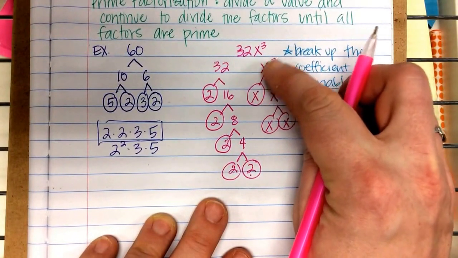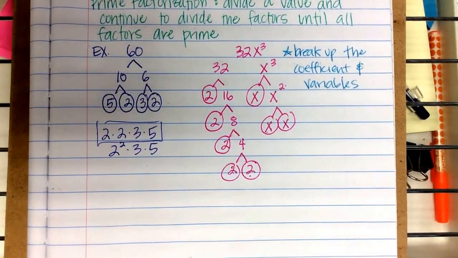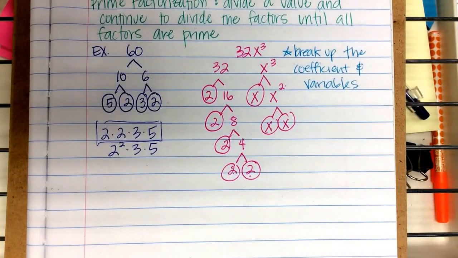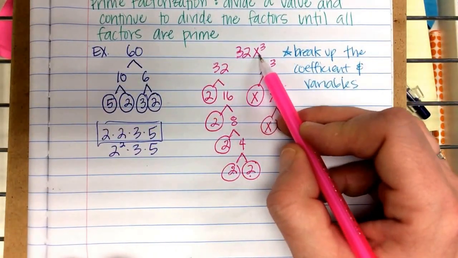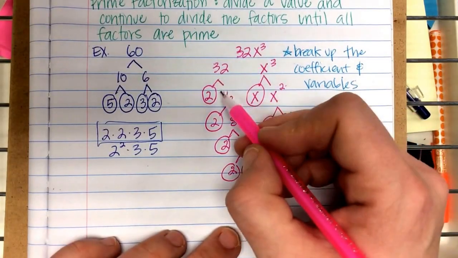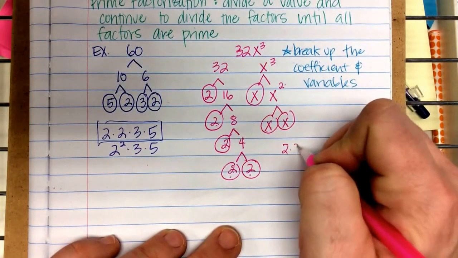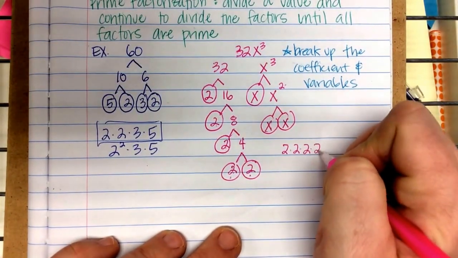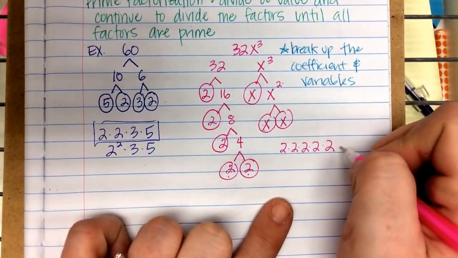Since there are x to the third, I need 3 x's. So the prime factorization of 32 x to the third is 2, 2, 2, 2, 2, x, x, x.